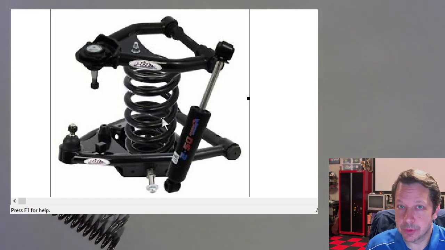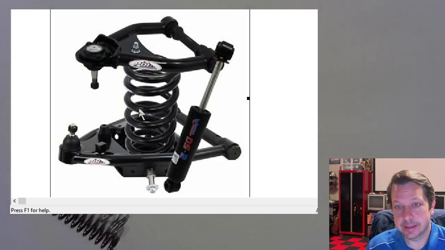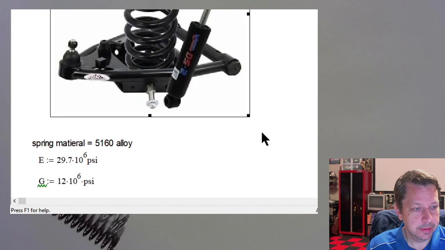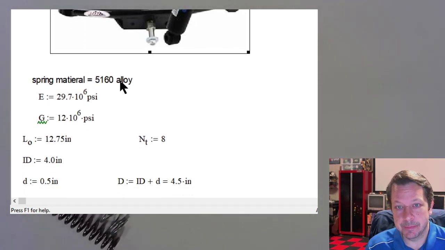There's actually 3 coil diameters that we need to talk about. I found some information about the wire diameter. This starts out as a piece of wire, and then it gets coiled up to create the coil. And they had the material it was made from. So the material was steel, 5160 alloy.